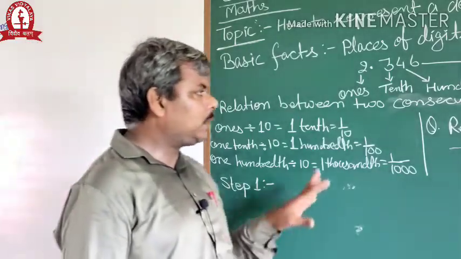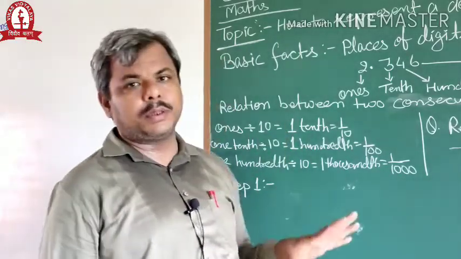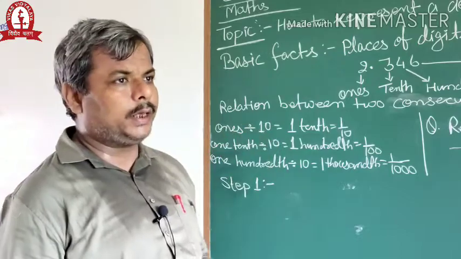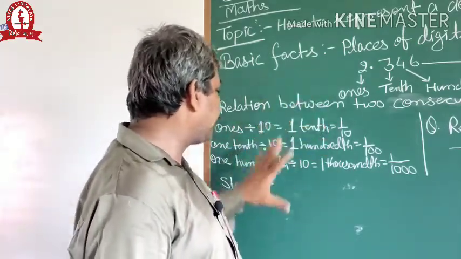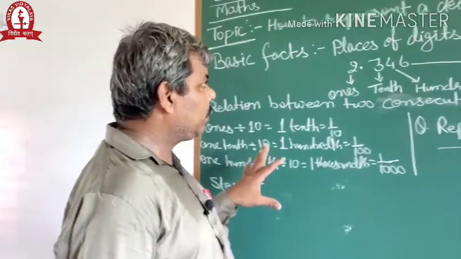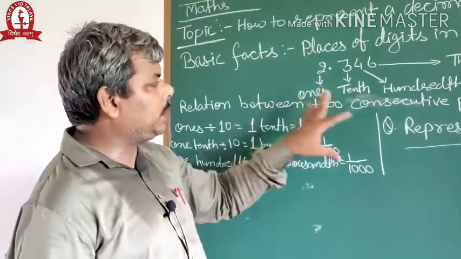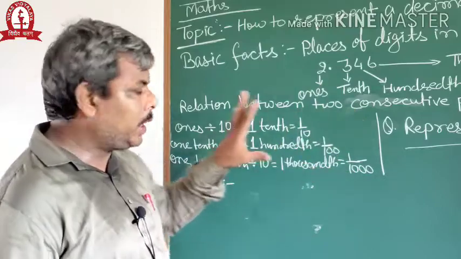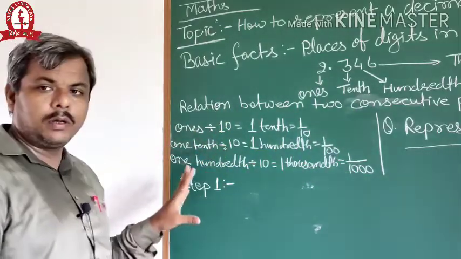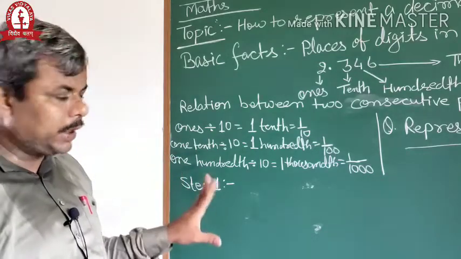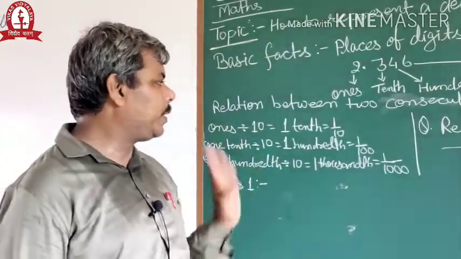To represent decimal numbers on a real line, we will care about these basic facts: the places of digits in the number and what are the relations between two consecutive places of digits in a number.